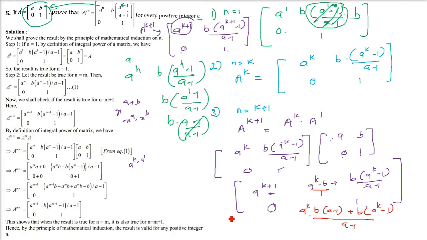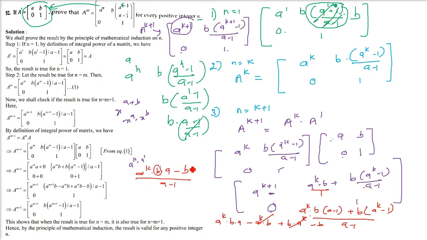So I am writing it here: a^k b a minus a^k b plus b a^k minus b, divided by a minus 1. So b a^k and a^k b get cancelled. So this is a raised k b a minus b divided by a minus 1.